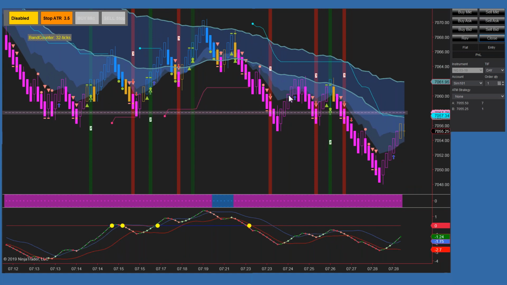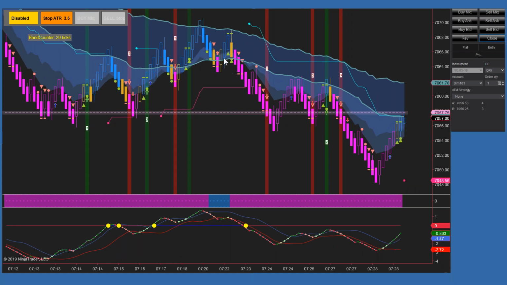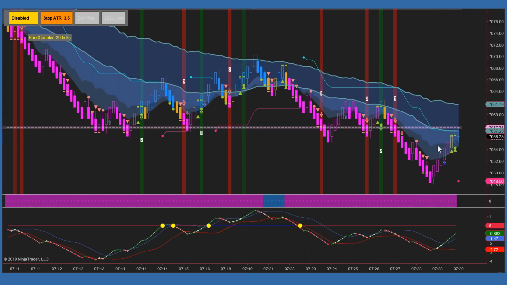Well, not bad. Didn't quite recover everything from that earlier trade, but pretty close. Helped offset it a little bit. Like I mentioned before, I really wouldn't be trading this much already. I would have already made my profit objective on the day.